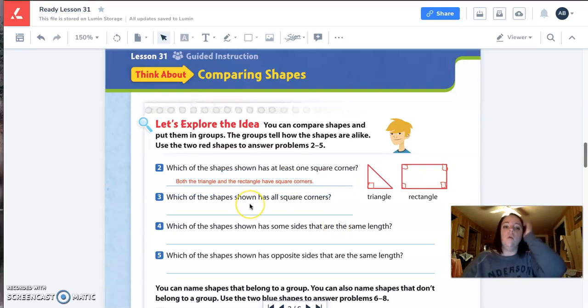Boom. Which of the shapes shown has all square corners? All square. Well, let's enter another writing here. The rectangle has all 4 square corners.